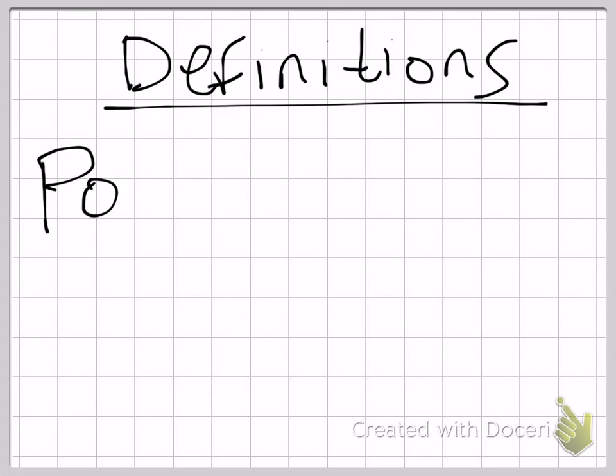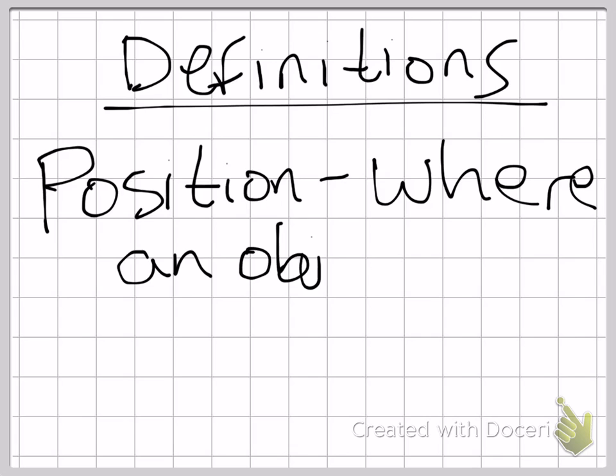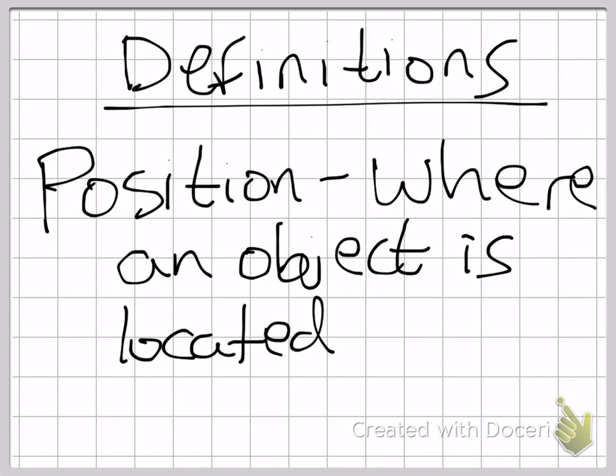We're going to go through them one by one. So just some definitions here. One of our most basic definitions is position, and position is simply where something is. It tells you where something is in relation to something else.